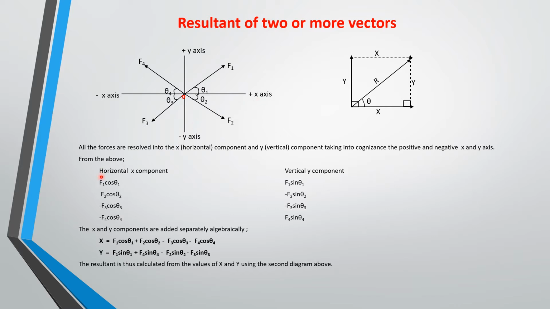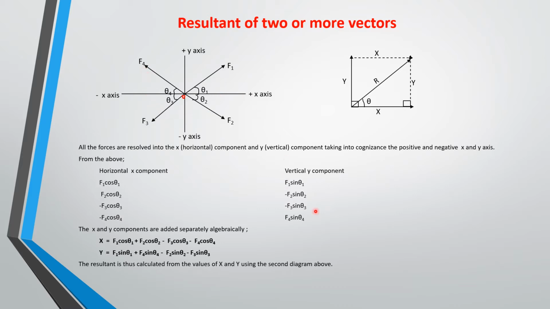For the forces F1, F2, F3 and F4, the horizontal components are: F1 cos theta, F2 cos theta, minus F3 cos theta, and minus F4 cos theta.